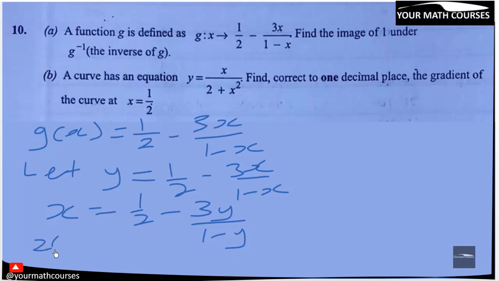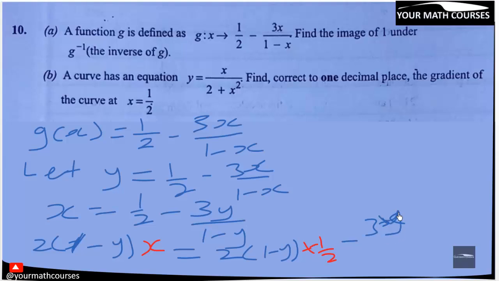So we have 2 into bracket 1 minus y times x is equal to 2 into bracket 1 minus y times 1 over 2, then we have 3y over 1 minus y times 2 into bracket 1 minus y. So we can simplify now.